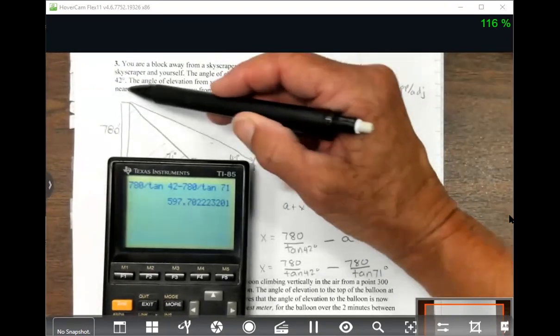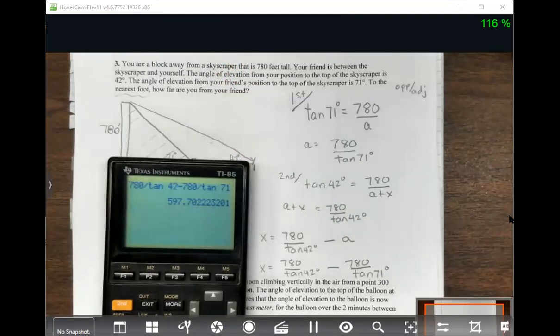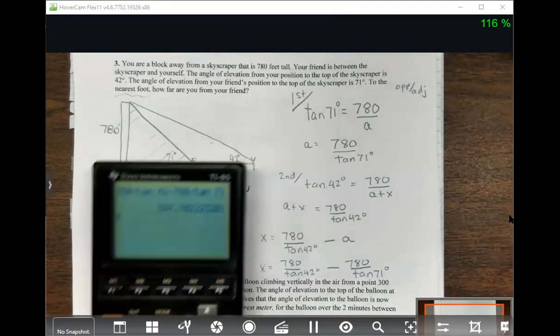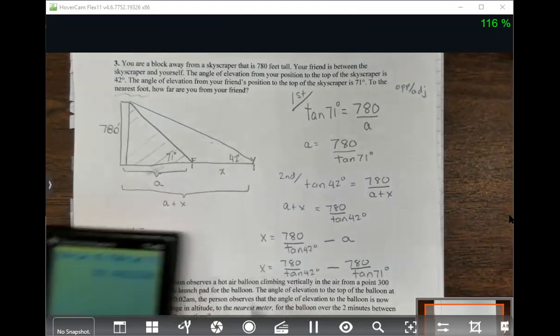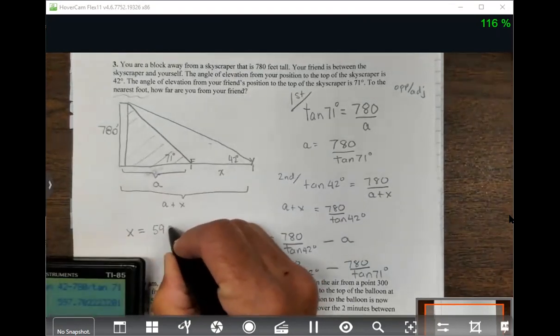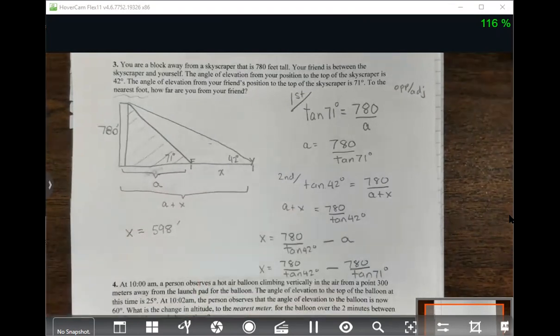To the nearest foot, how would I answer that question? 598 feet? That sounds awfully big. That you're 598 feet away from your friend? So let me check my numbers one more time.